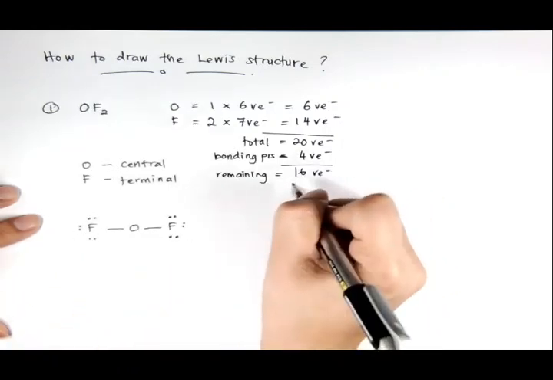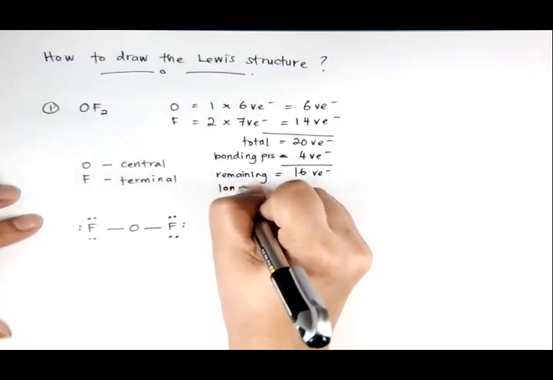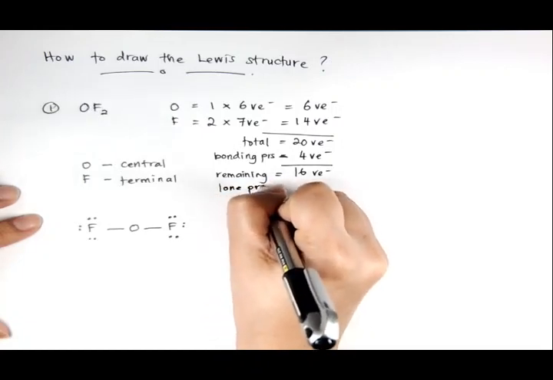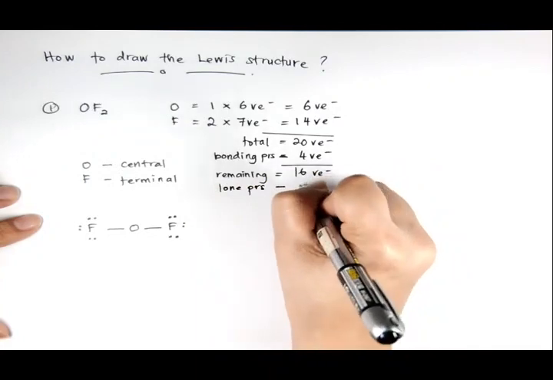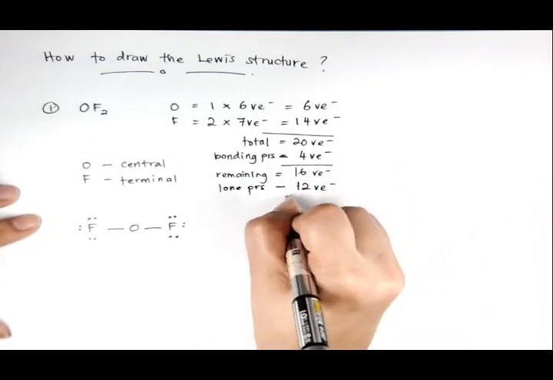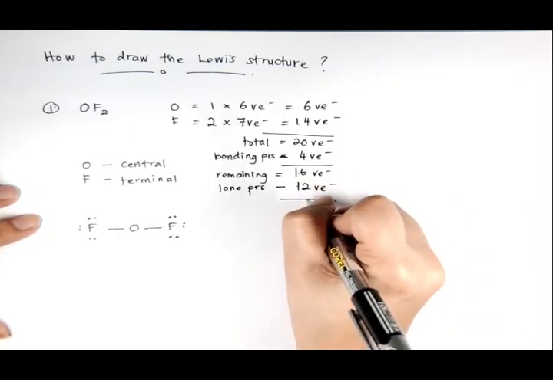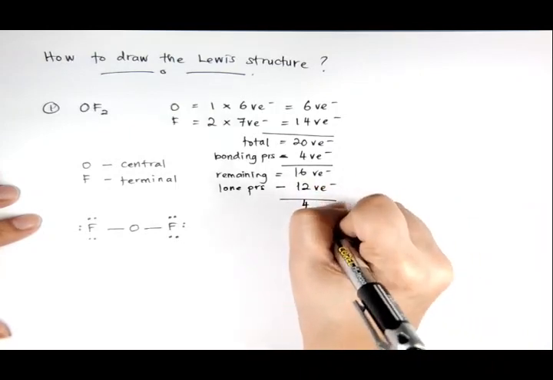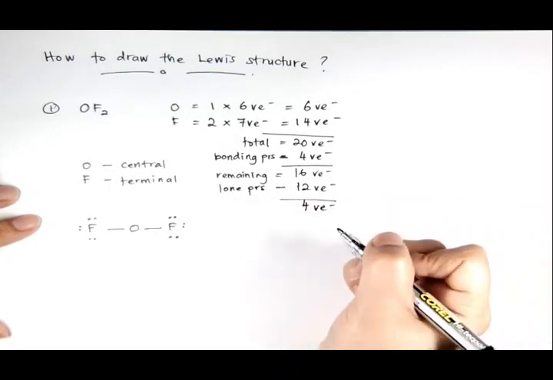So for 2 fluorine atoms, we have used 12 valence electrons for the lone pairs. So that shows we still have remaining electrons, 4 valence electrons.